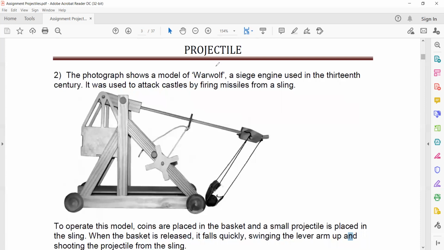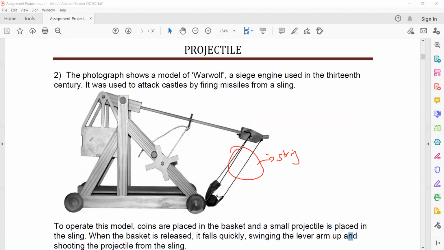So what might happen? Some of the energy might be stored in the string. If some of the energy is stored in the string as elastic strain energy, it will not reach the same range because the kinetic energy transfer will not be the same.